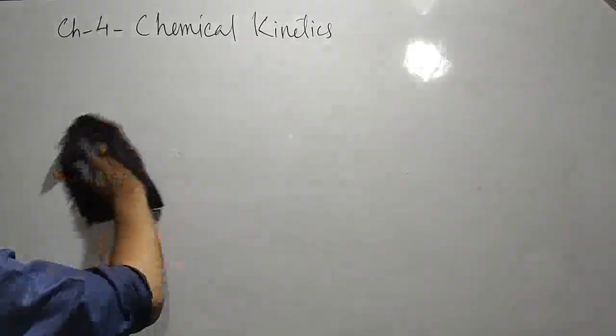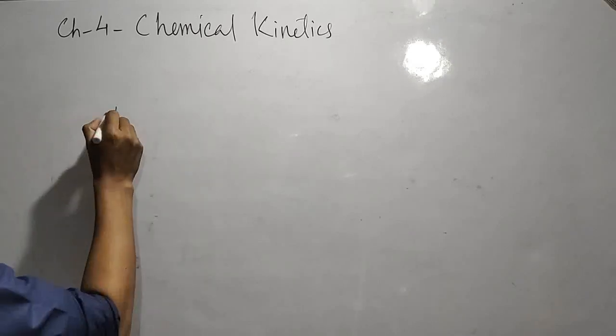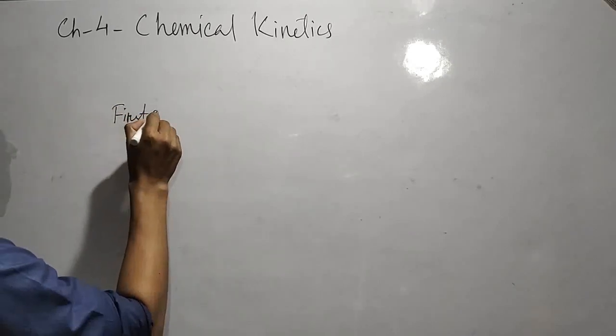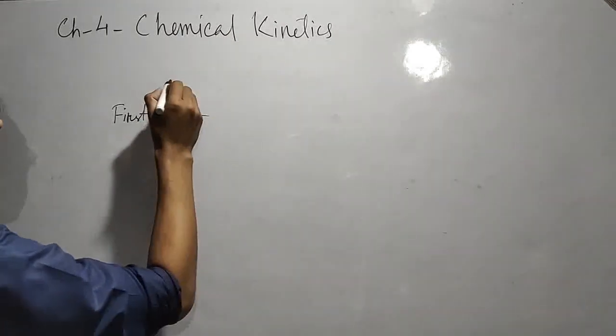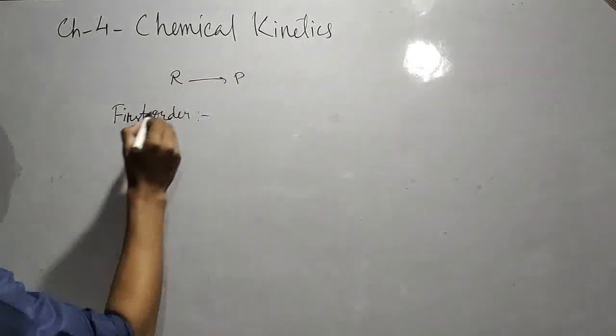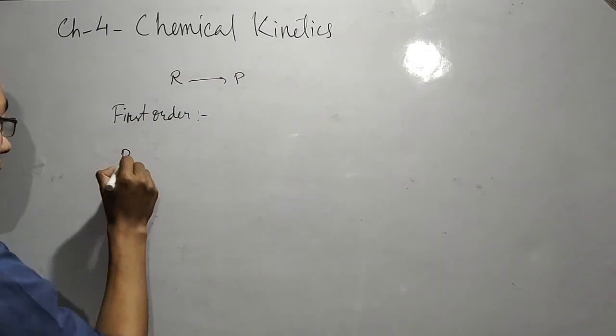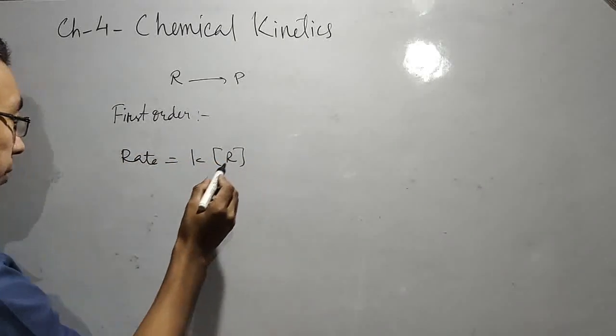The rate constant unit will differ depending upon the order of reaction. If it is first order, suppose the reaction is R to P. The rate will be equal to K[R].